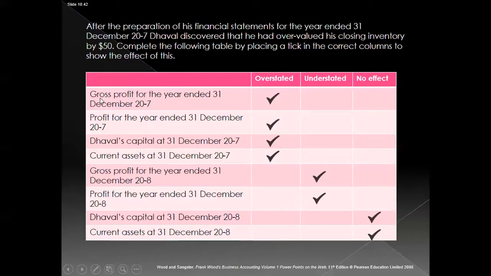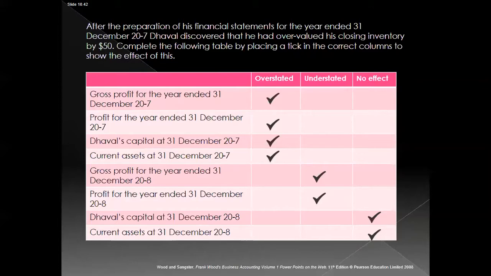So let's analyze. Why would overvaluing his closing inventory by $50 in 20-7 cause the gross profit for the year to be overstated? This is because closing inventory is deducted from the cost of sales.